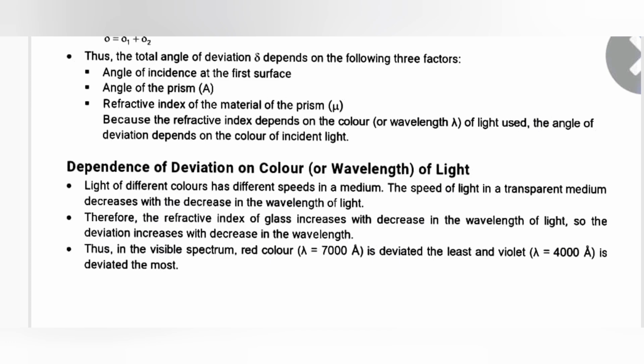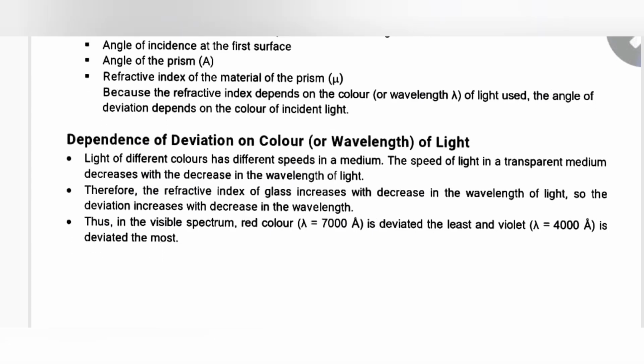So the speed of light in a transparent medium decreases and the wavelength also decreases. There's a connection. If the speed of light decreases, the wavelength decreases. Therefore the refractive index of glass increases with the decrease in wavelength of light, so the deviation increases with the decrease in wavelength.